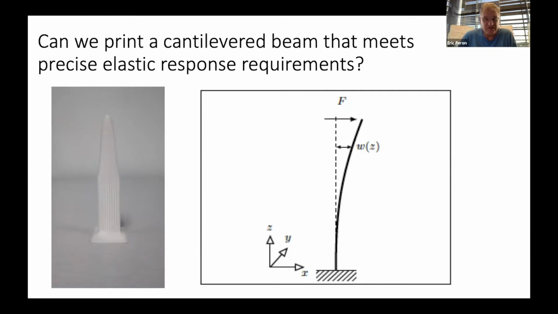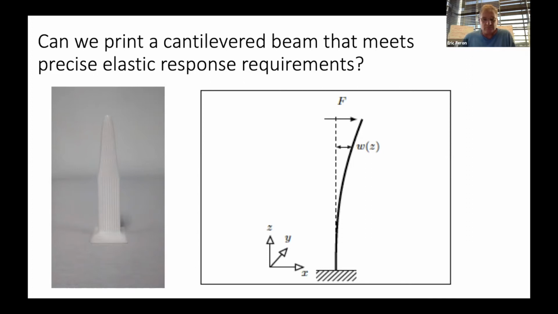The elasticity response requirements that we are interested in are a prescribed beam stiffness, informally defined as the ratio of the force measured at the tip of the beam to the displacement of the tip of that beam.